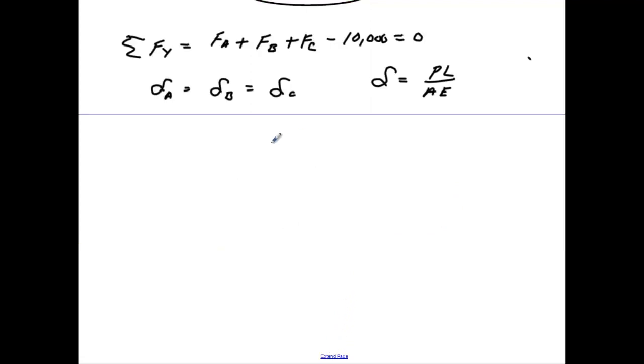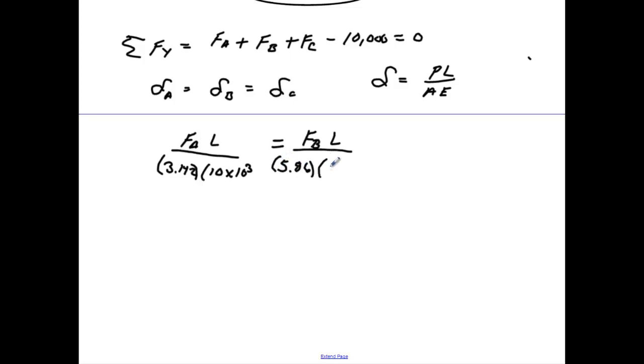So we'll go ahead and write our equations down. Using P, we'll use F of A times the length over the area of A, which was 3.142, times your E value, is equal to F of B times this length over 5.86 times 15 times 10 to the third, is equal to F of C times L over its cross-sectional area, which is 4.86, times 12 times 10 cubed.